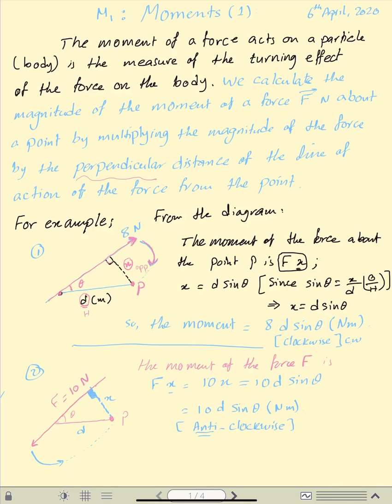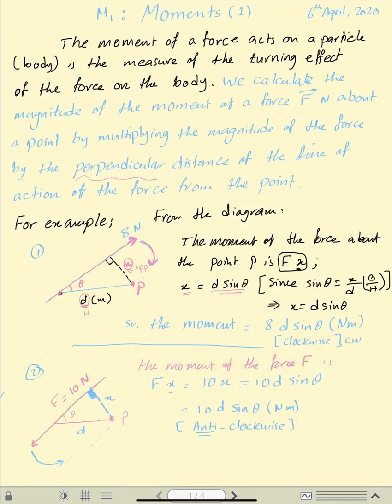So sine theta is equal to the opposite, x, over the hypotenuse, d. By cross multiplying, x is equal to d sine theta.